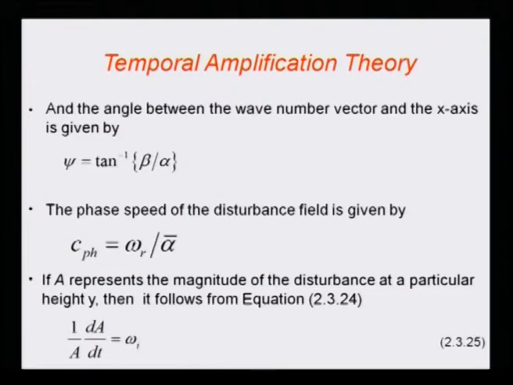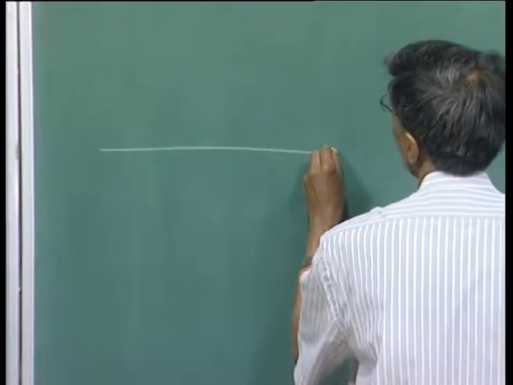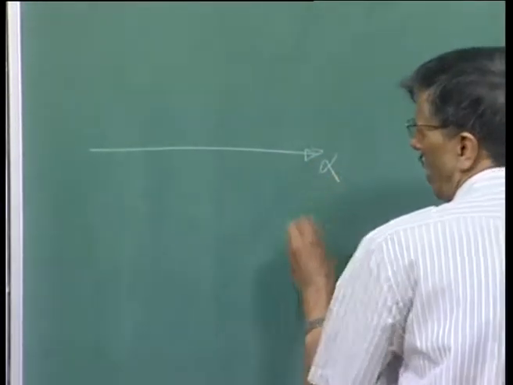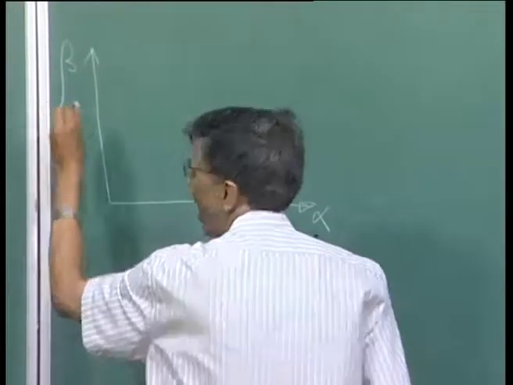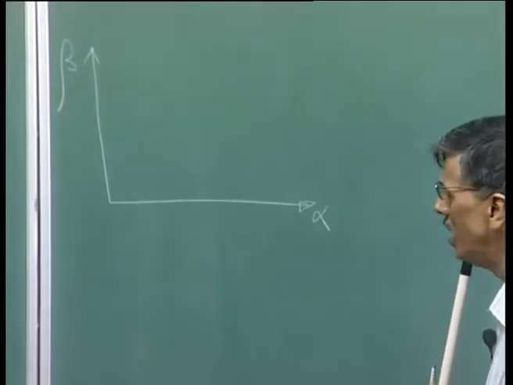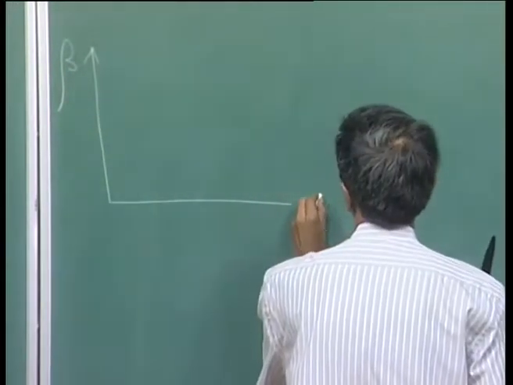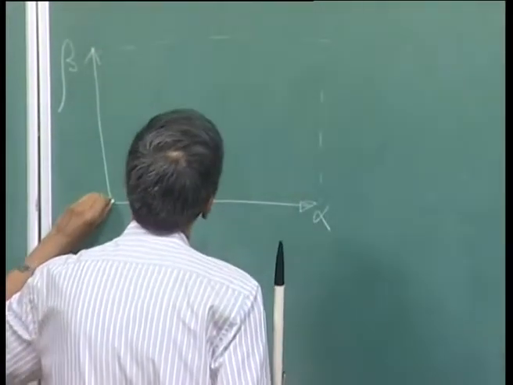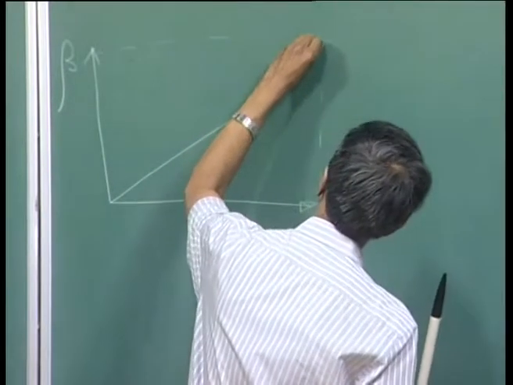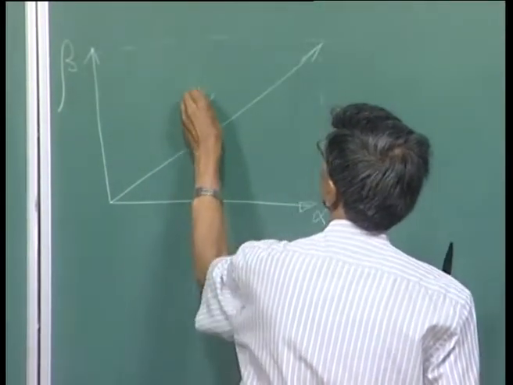So, what we are talking about is the components alpha and beta, and then what we get is the alpha bar vector, that is this.